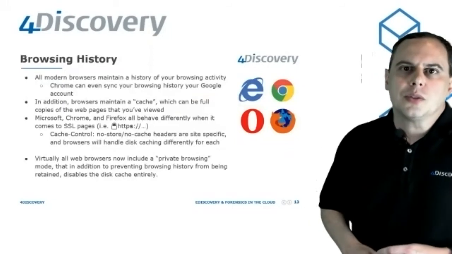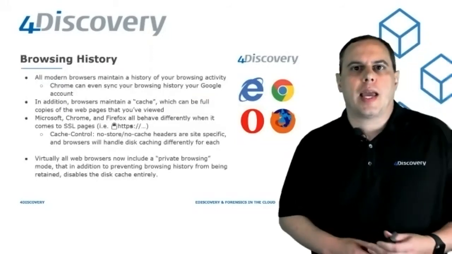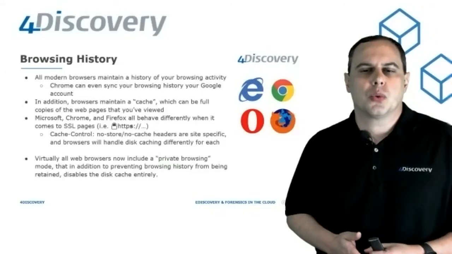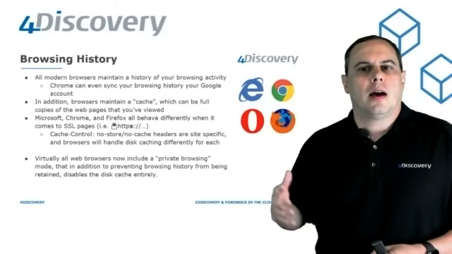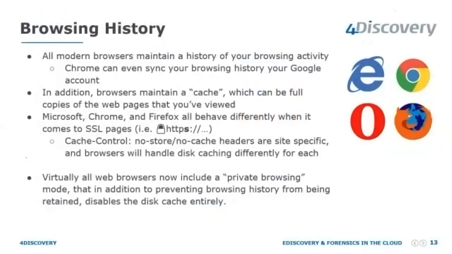And you can still do forensics on the computer and look at browser history. All modern browsers will store some history or browsing activity on your computer. Things like Google Chrome and the newest version of Internet Explorer, which they're calling Edge or something new, will actually have a way to sign into the browser, and your browsing history will actually sync up with Google.